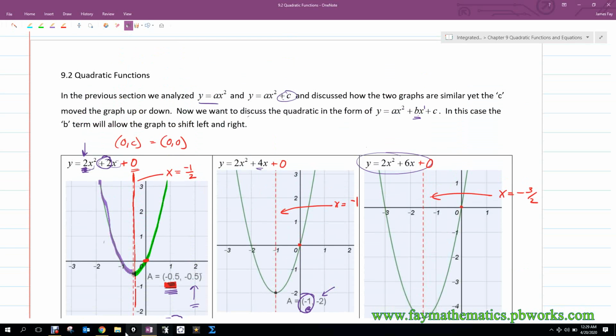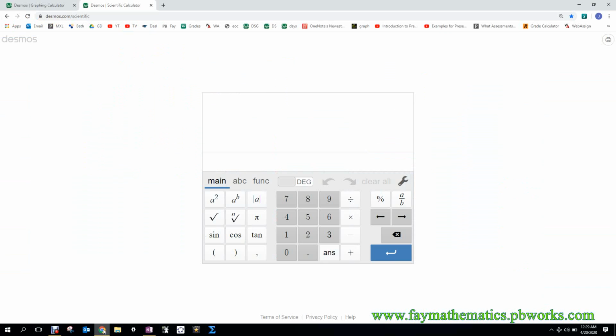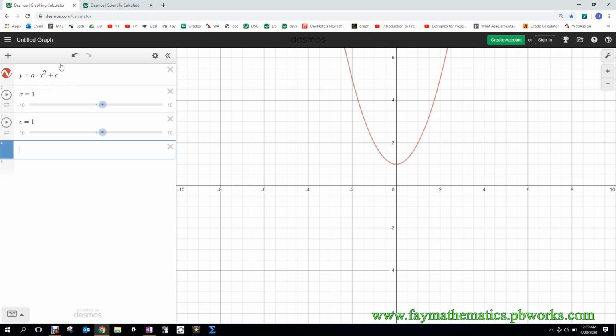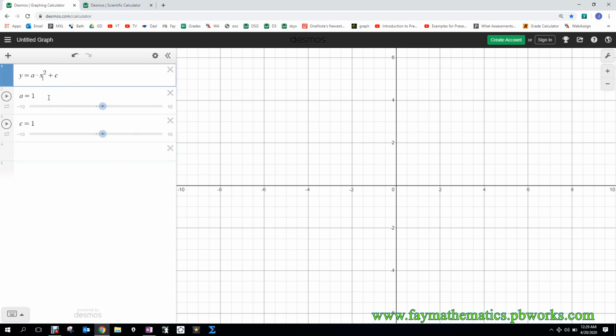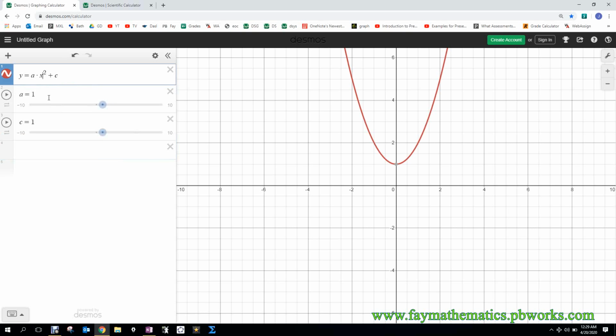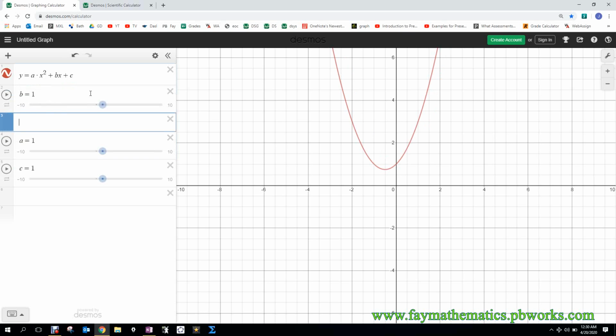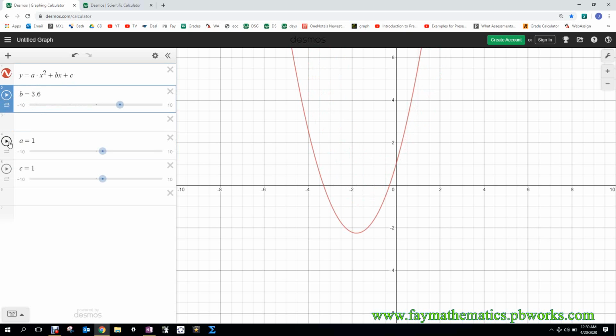What I can show you here though is, let's say I have y equals a times x squared plus c, something like that. And actually, let's put a bx in here too. So plus bx. All right. So let's kind of move these around.